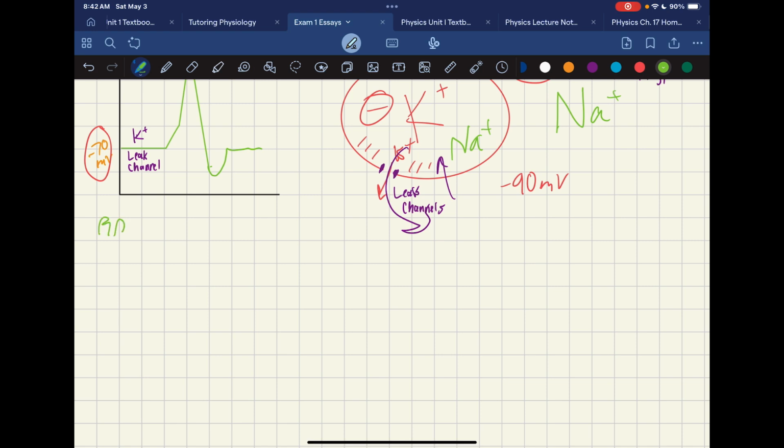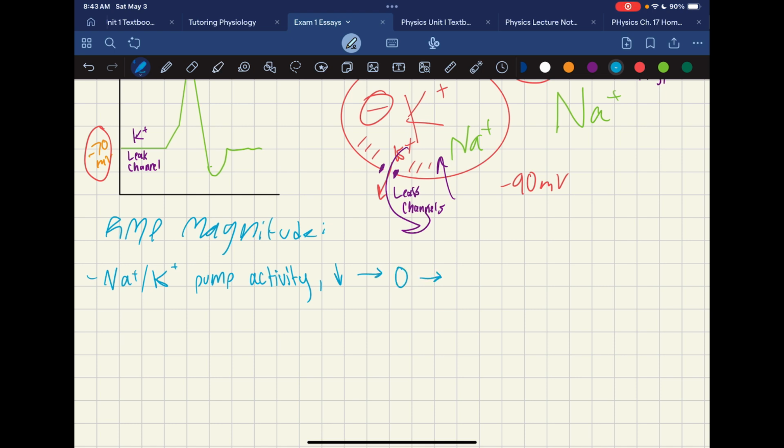So other stuff that affects that: we see that the potassium and sodium pump activity, if it slows down, that is going to cause the gradient to go towards 0, which is going to cause an increase in charge in the cell.